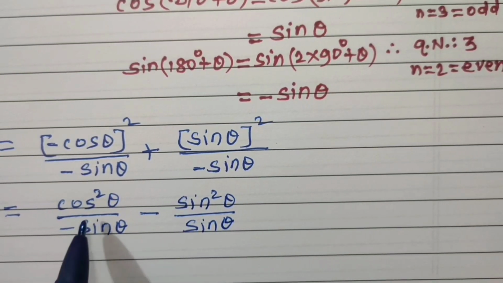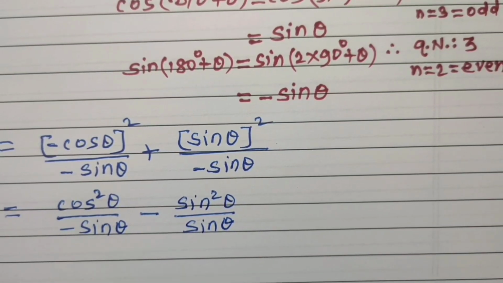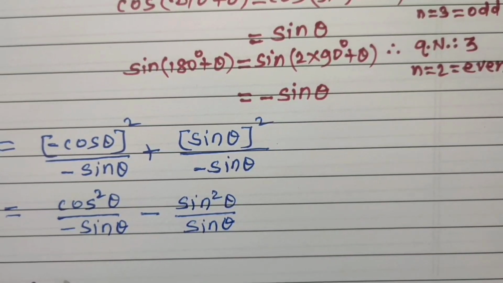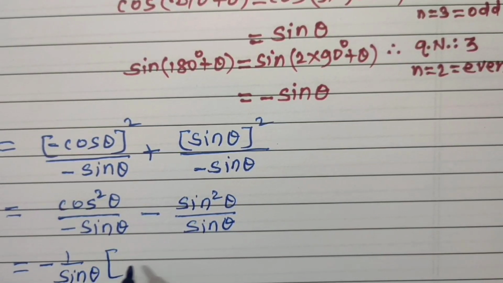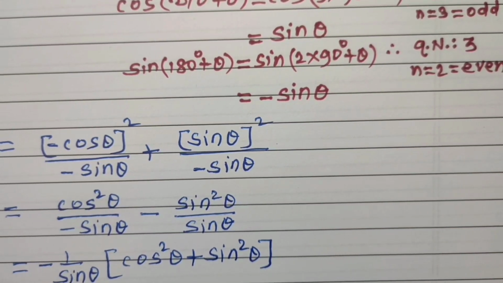Now from these two terms we can take minus 1 upon sine theta common. So this is equal to minus 1 upon sine theta, taken common, into bracket remains cos square theta plus sine square theta. But this is a trigonometrical identity: cos square theta plus sine square theta is equal to 1.